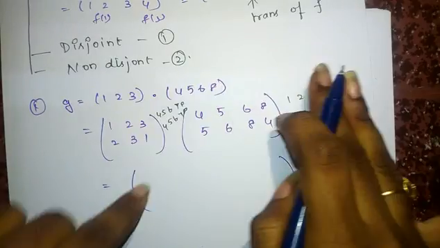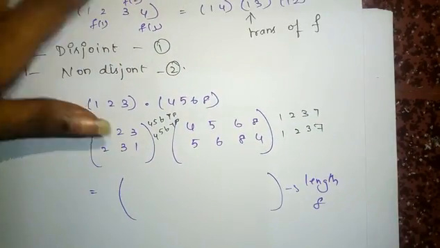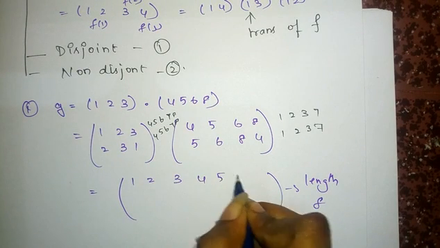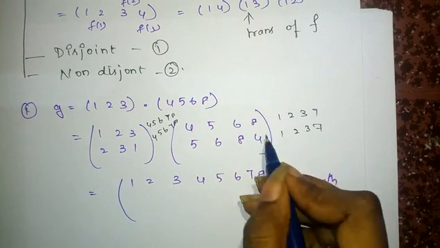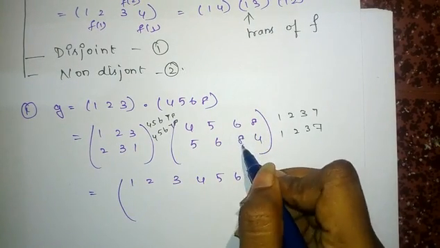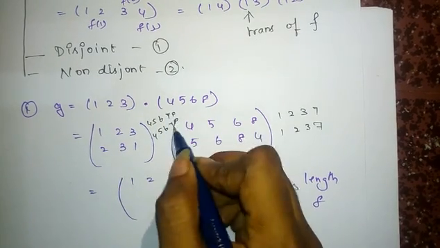You don't have to write these things because it might consume time. I'll write 1, 2, 3, 4, 5, 6, 7, 8. 8 is mapped to 4. 6 is mapped to 8, and 8 is not here, so it is identity mapping, so 8 is mapped to 8 itself.